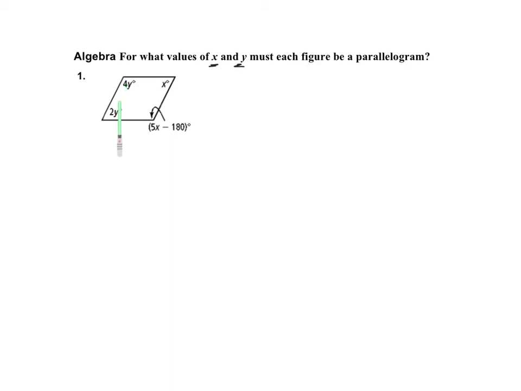So 4y and 2y are consecutive angles. For this quadrilateral to be a parallelogram, those two consecutive angles have to be supplementary. So 4y plus 2y has to equal 180. So 6y equals 180, divided by 6, so y equals 30.